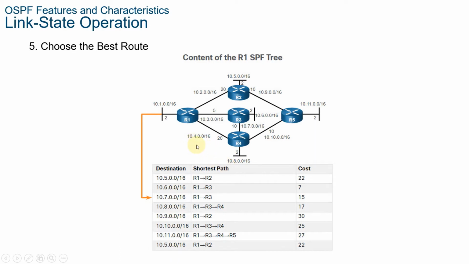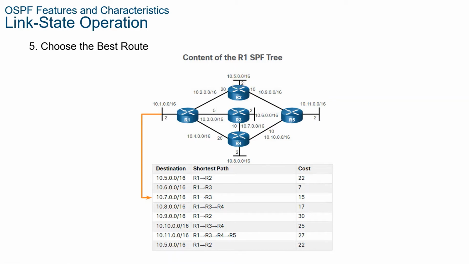The numbers here, 2, 20, 25, 2, are the costs to reach the destination. For instance, if our destination is 10.5.0.0/16, that would be in reference to R1. That network is located on R2, so it's the LAN of R2 here.